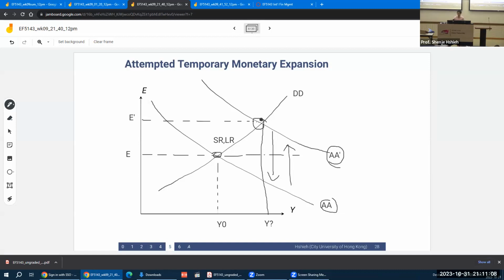Because if you do, you're going to have a very, very depreciated spot exchange rate as a result. And that's a no-no, because you've told everybody that you're going to maintain the spot exchange rate at this level. So that expansion must be reversed immediately. You cannot do it, obviously.